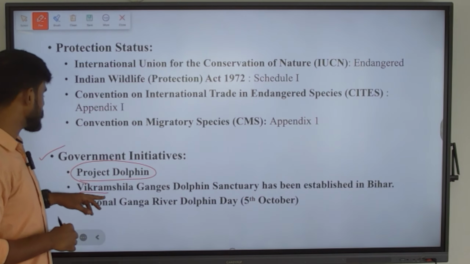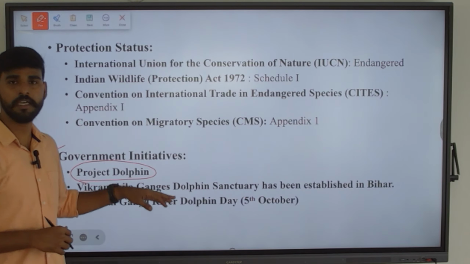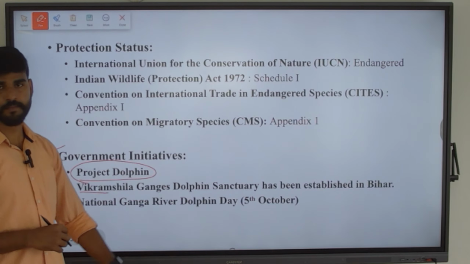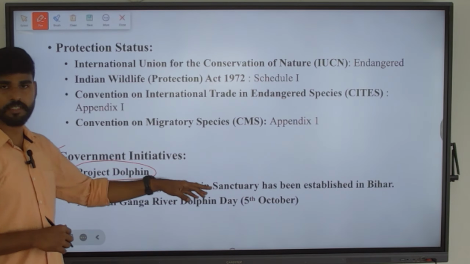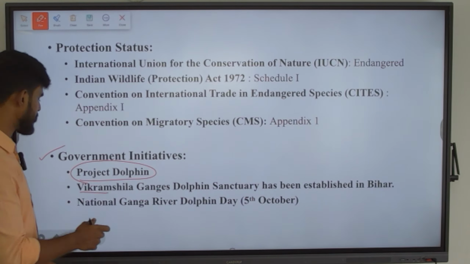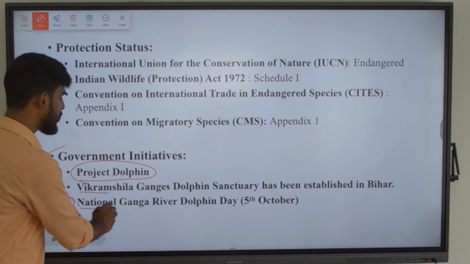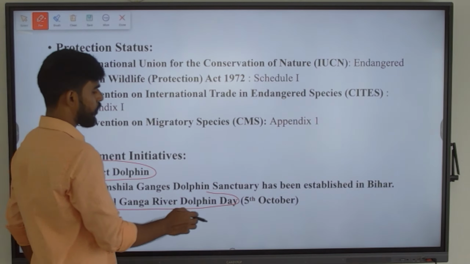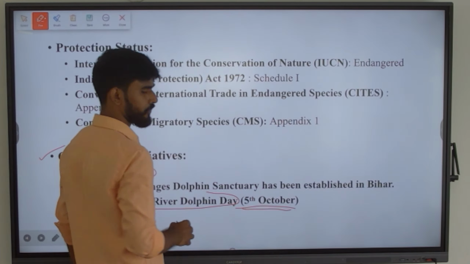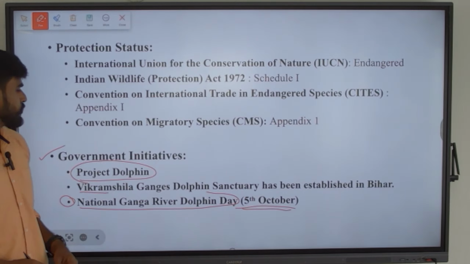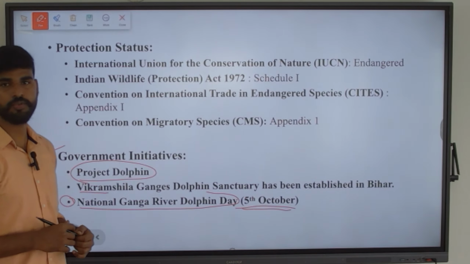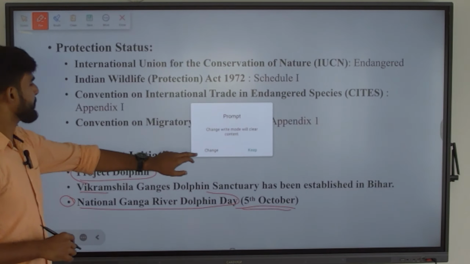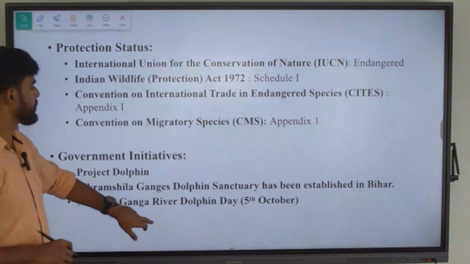Where is it? It is there in Bihar. Next, there is National Ganga River Dolphin Day, which is observed on 5th October every year. So these are all the points which we need to know with respect to this article.